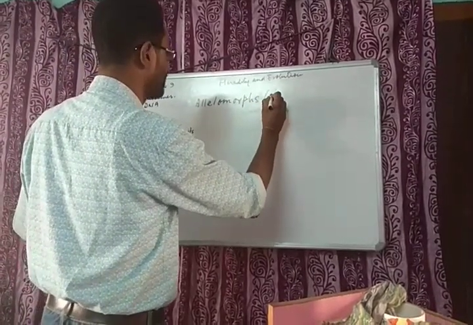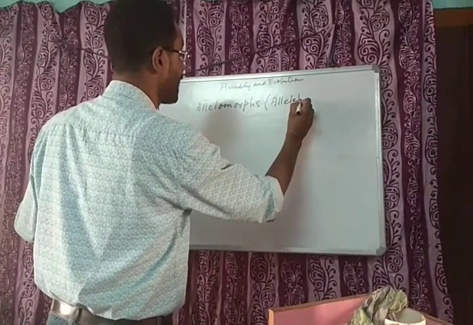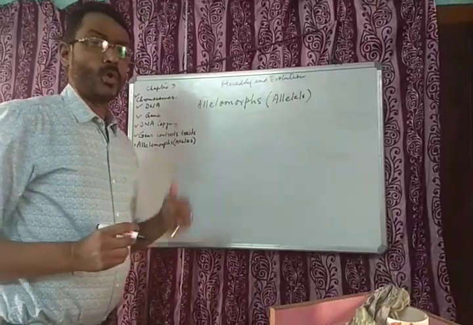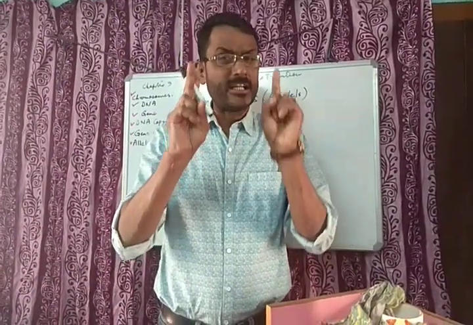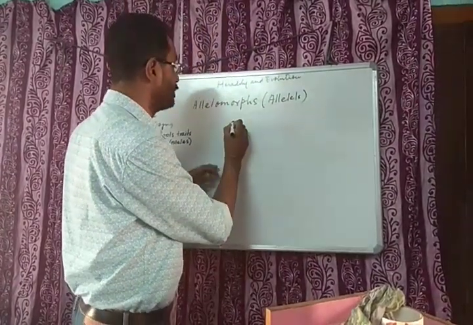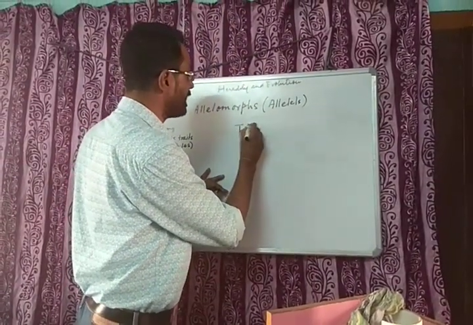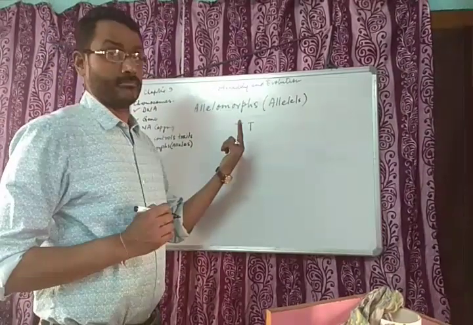Okay? After that, we'll be going for another most important terminology that is called allelomorph, allelomorphs. That is alleles. What are alleles? When you speak about tall, suppose Mendel has used the word capital T for tall.